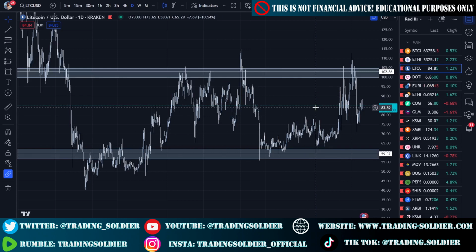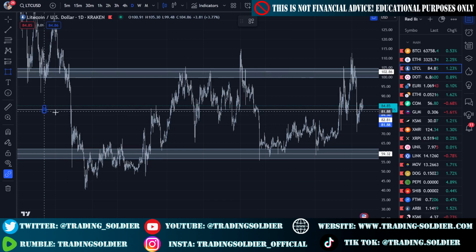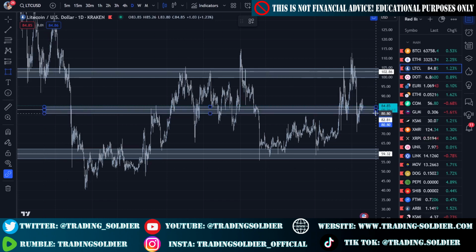And also inside of the range, we have the supply area, the resistance area, the support area or demand zone, and we also have the neutral midline, the middle of the range. That middle of the range oftentimes acts as support or resistance or a supply and demand area.